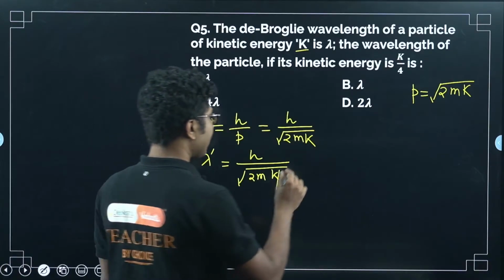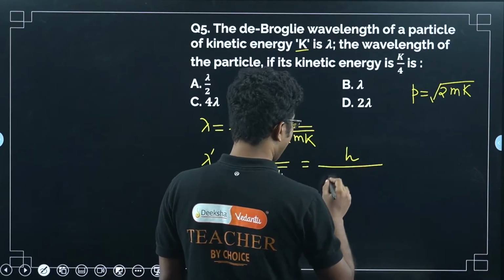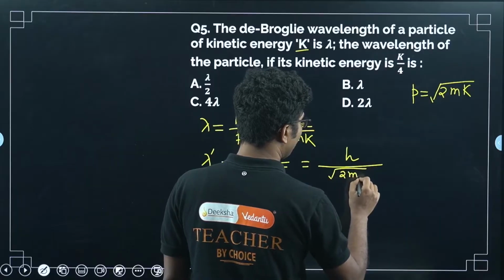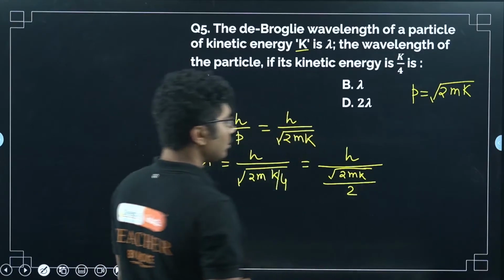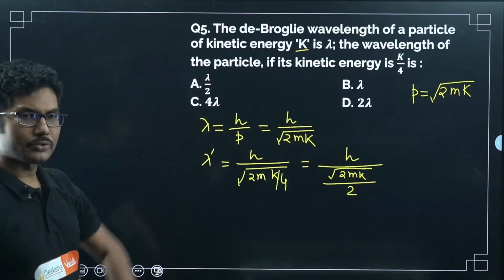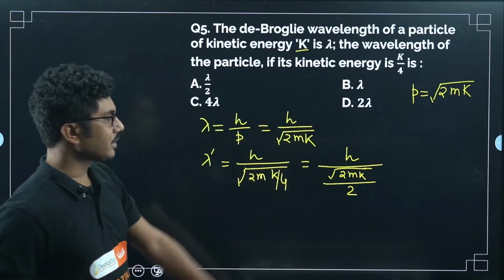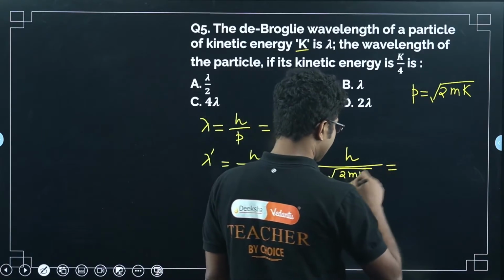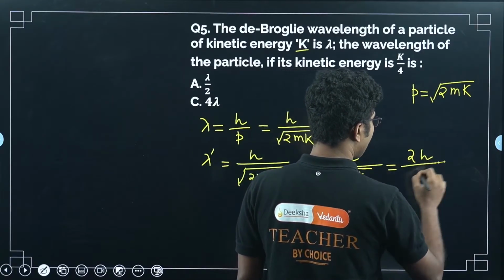So what will happen to that? h by square root of 2mK will remain. Now the 4 will become 2. It will come out of the square root because the 4 was inside the square root, and it will become by 2. Now this is in the denominator, so it will go up and it will become 2h by square root of 2mK.